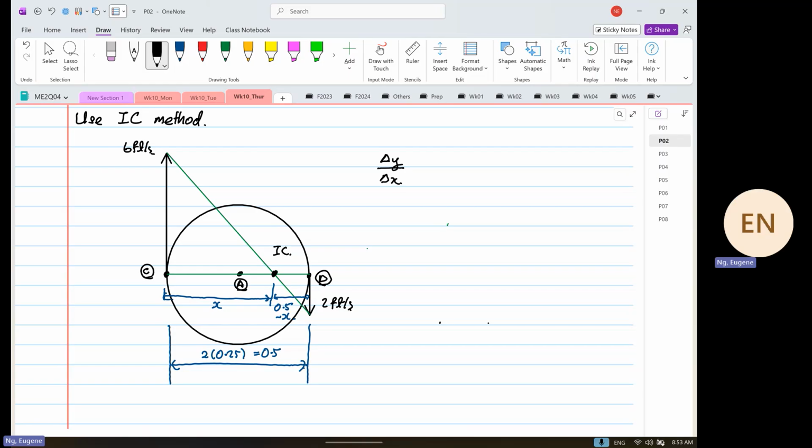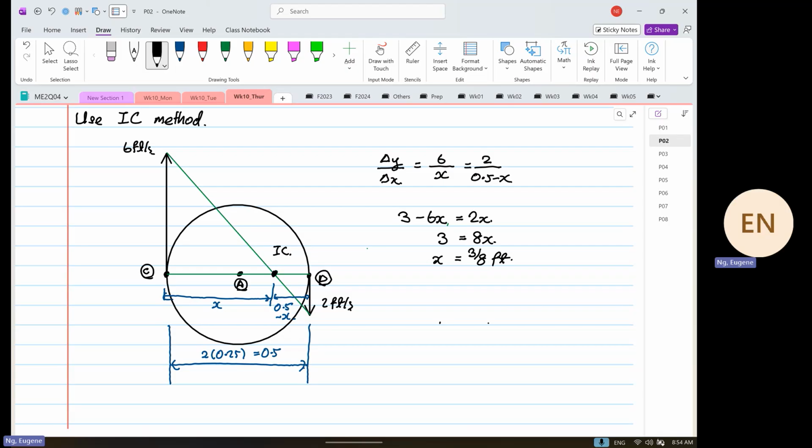We know that this will be equal to 6 over x, and then this will be 2 over 0.5 minus x. Then you have 3 minus 6x equal to 2x. Over here you have 3 equal to 8x. Therefore x is equal to 3 over 8 feet.